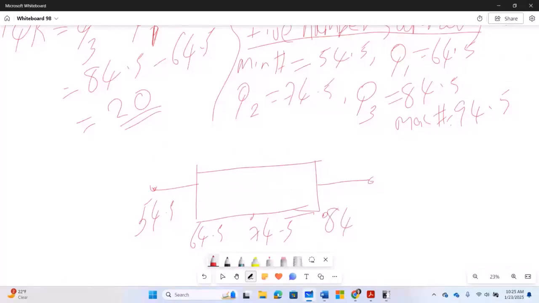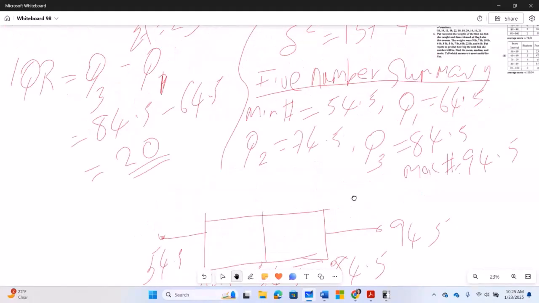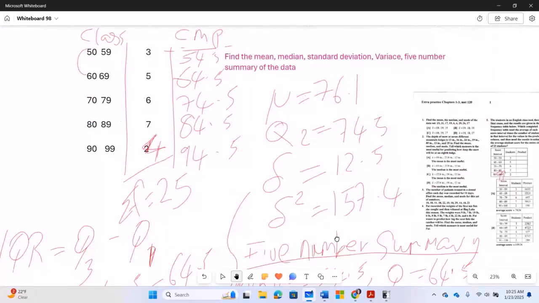So I have 84.5, and then the maximum number is 94.5. Okay, so that is the box plot of the data. I have already found the interquartile range. So I found everything I am told to find, just because I know how to use the calculator. If you know how to use the calculator, you can answer all the questions without any problem.